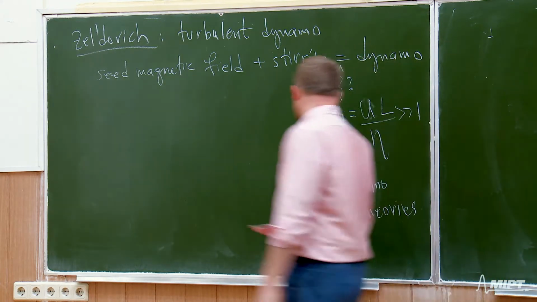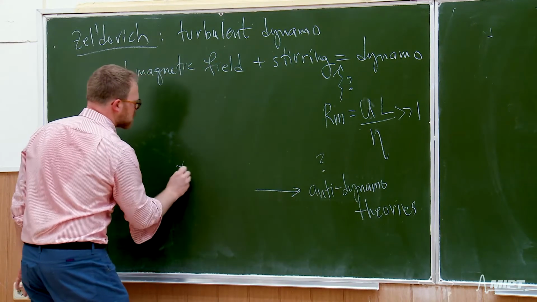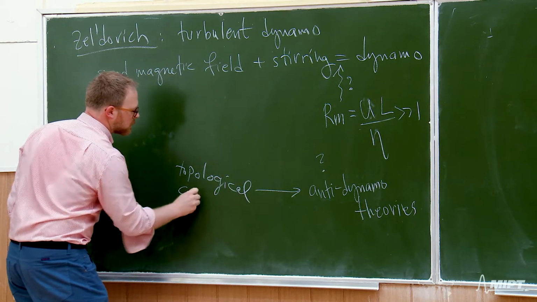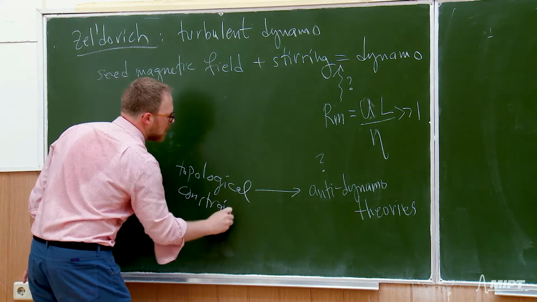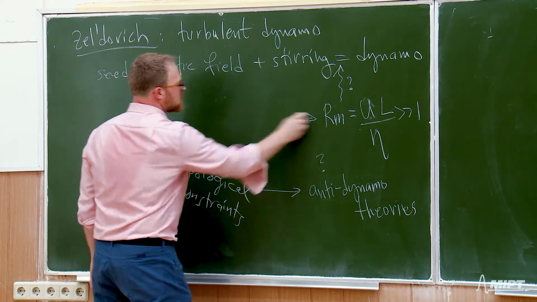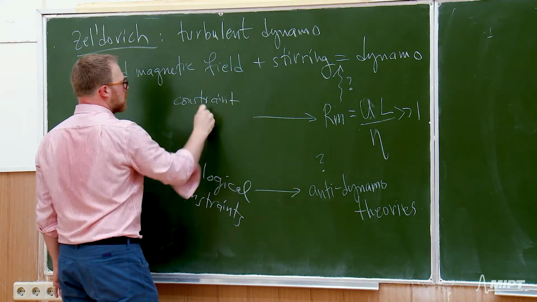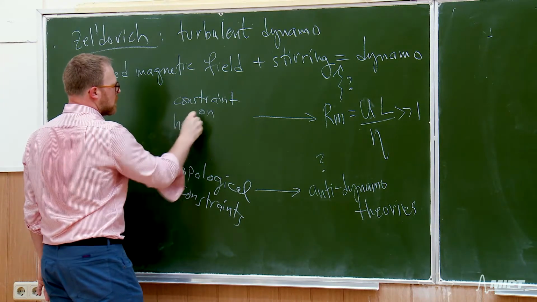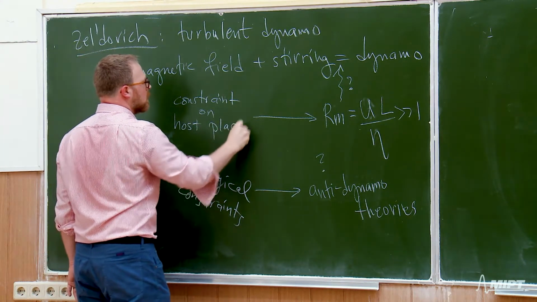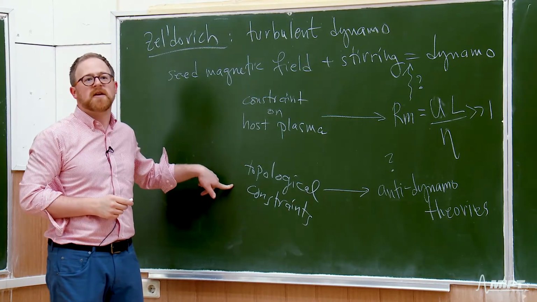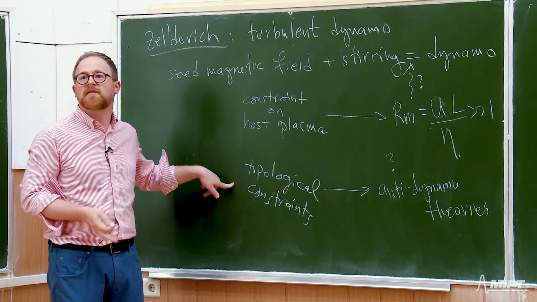This first one is just a constraint on the host plasma. This one is an actual topological constraint on either the motions or the magnetic field or something like that.